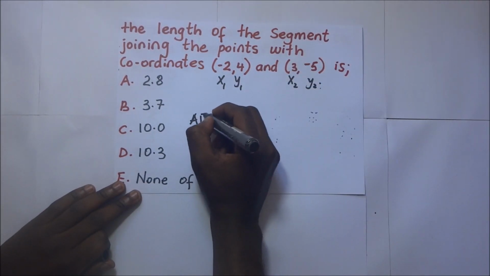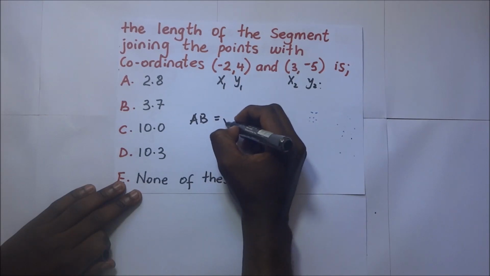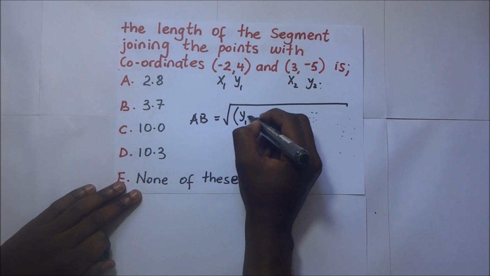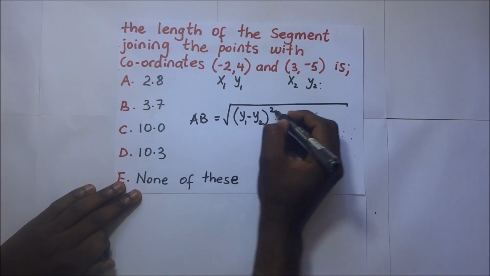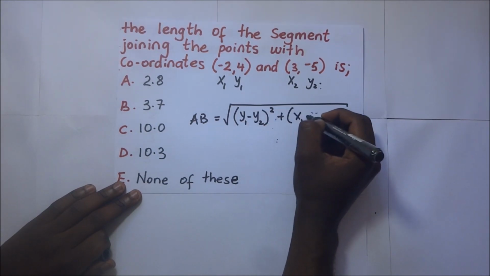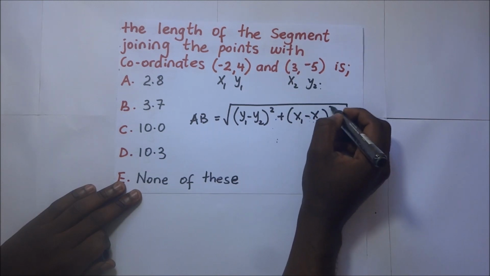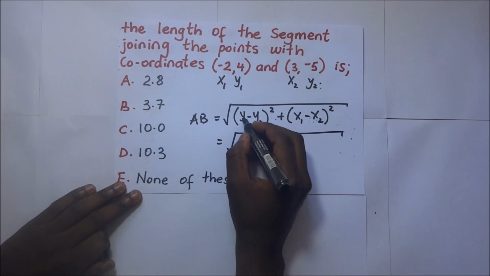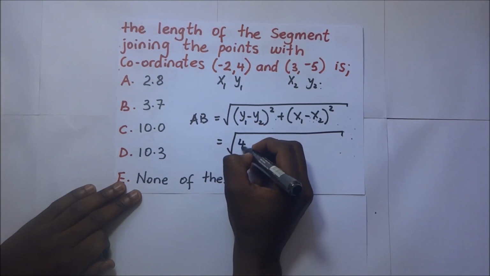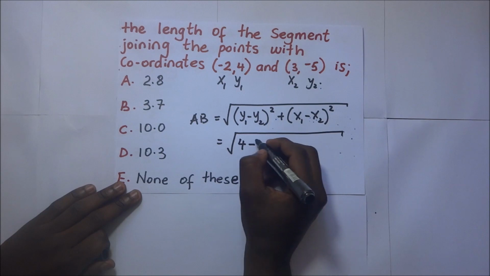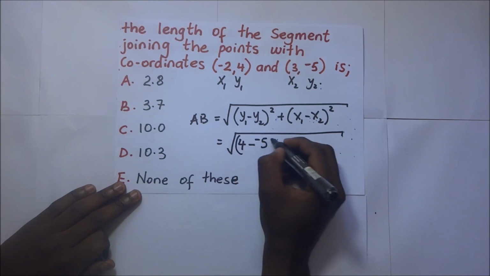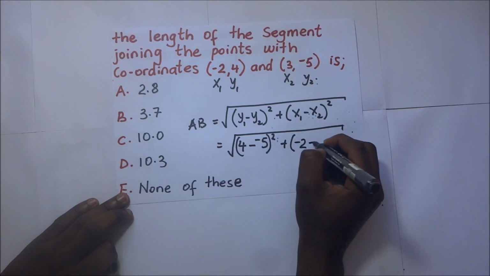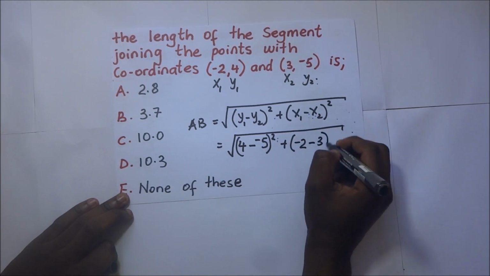So AB is going to be equal to the square root of y1 minus y2, squared, plus x1 minus x2, also squared. This is going to be the square root of y1, which is 4, minus y2, which is negative 5, whole squared, plus x1, which is negative 2, minus x2, which is 3.